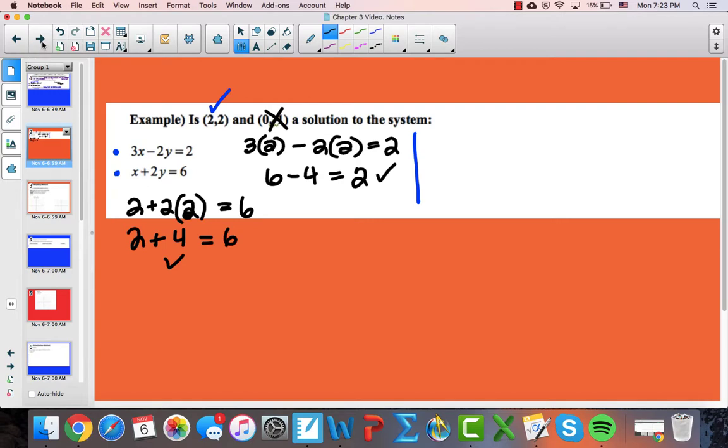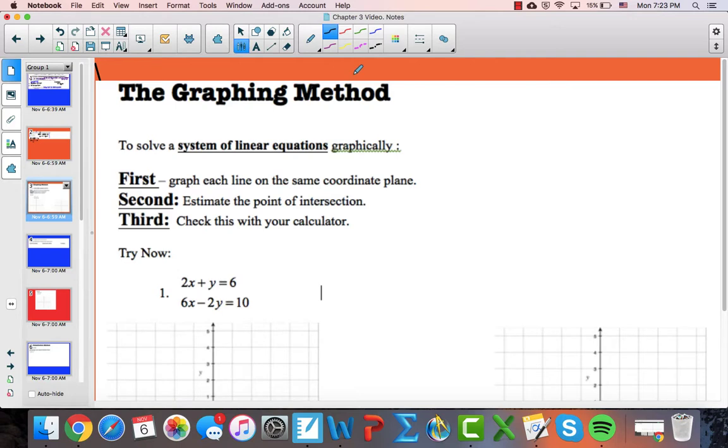All right, well now let's look at each method for solving. The first one, like I said, is the graphing method. Now, when we graph, we can graph two ways. We've been practicing these two ways. But I'm going to let you do whichever one you feel the most comfortable with, okay?